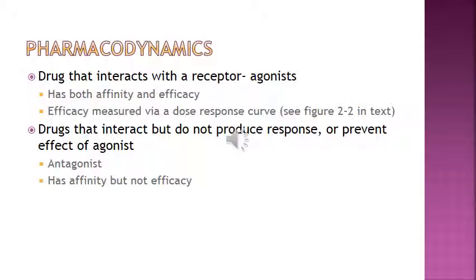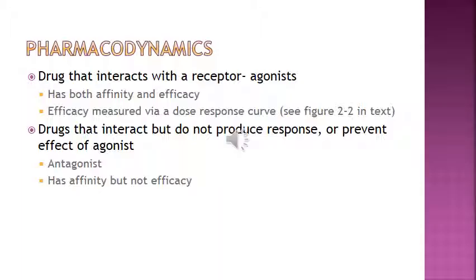Refer to figure 2.2 in your text on the dose-response curve, and we'll mention this a little later when we talk about dosing. Now, there are some drugs that interact with receptors but don't produce a response, or they actually prevent the effect of an agonist. Those drugs are known as antagonists.